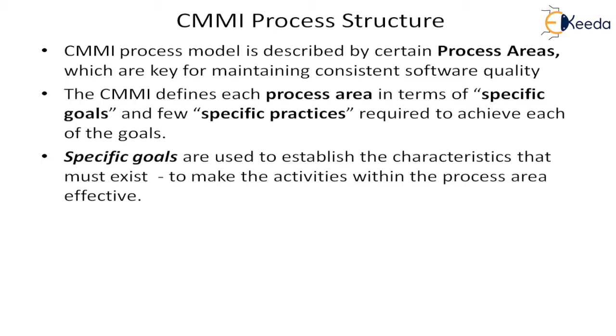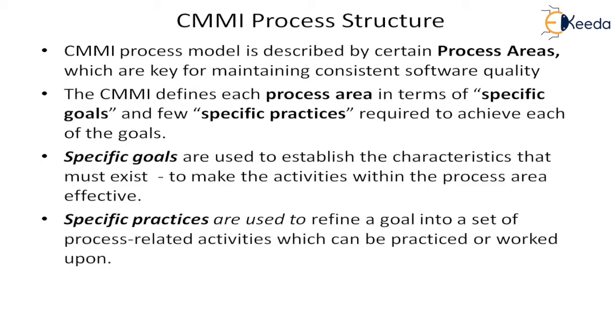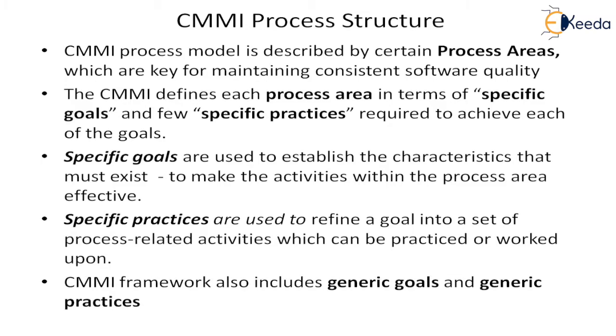So there are two types of things: one is specific goals and specific practices, and the other is generic goals and generic practices. Specific goals are used to establish the characteristics that must exist. If they don't exist, then the activity will not be effective. That process area cannot be satisfied.